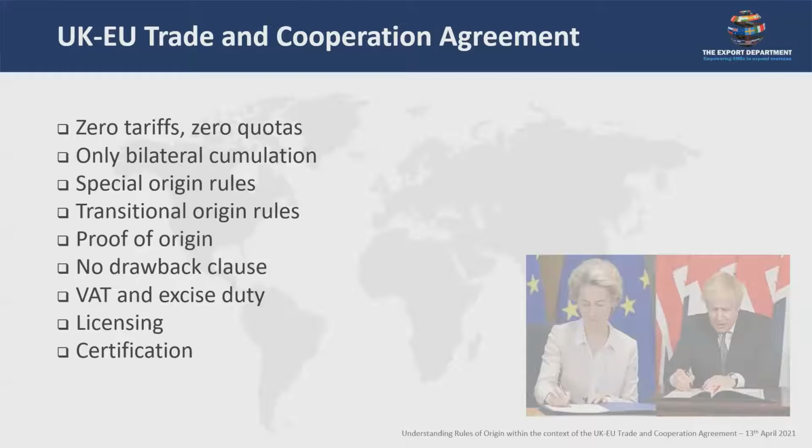So sadly, there's still no equivalence on sanitary and phytosanitary measures for those products of animal origin or plant-based products, which is causing significant barriers to trade. Similarly, they're still thrashing out the details around financial services, because there's no equivalence there either. So there's a ton of stuff that they're still pretty much at the negotiation table with, but in the meantime it is causing a little bit of pain.